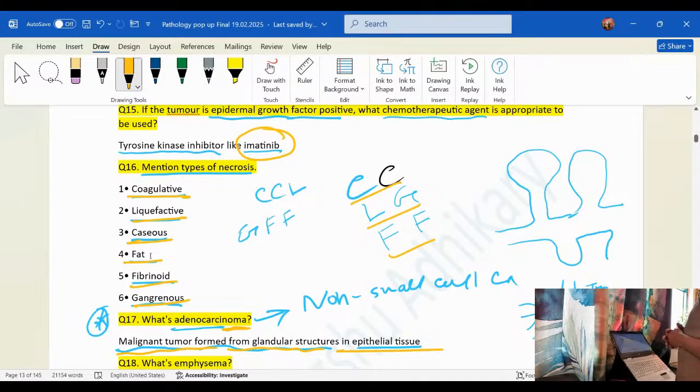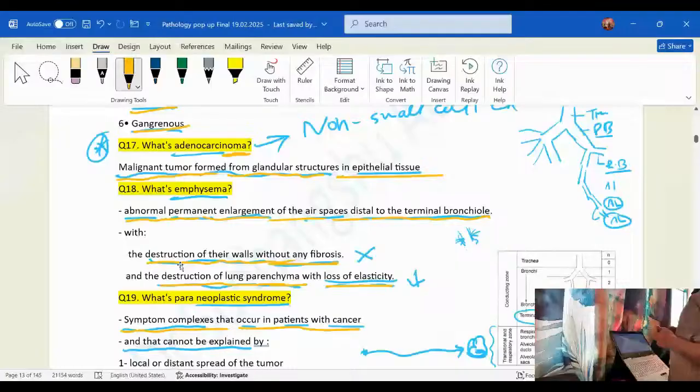What is adenocarcinoma? It is a malignant tumor of the epithelial tissue which takes a glandular pattern. What is emphysema? Abnormal permanent dilatation of the air space distal to the terminal bronchiole, with destruction of their wall without fibrosis.